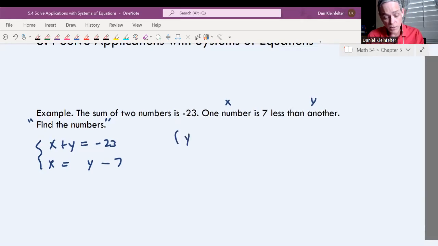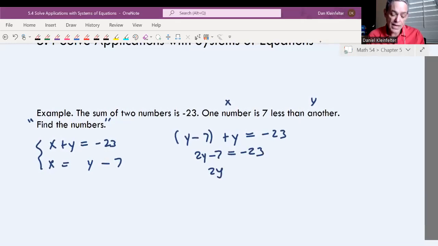So x, also known as y minus 7, plus y equals negative 23. And so this will be 2y minus 7 is negative 23. Adding 7 to both sides, 2y will be negative 16, so that y is negative 8.